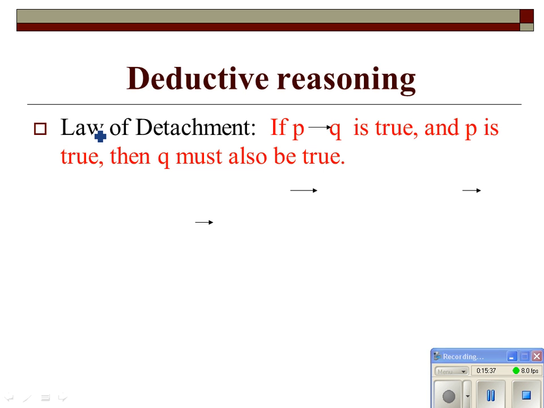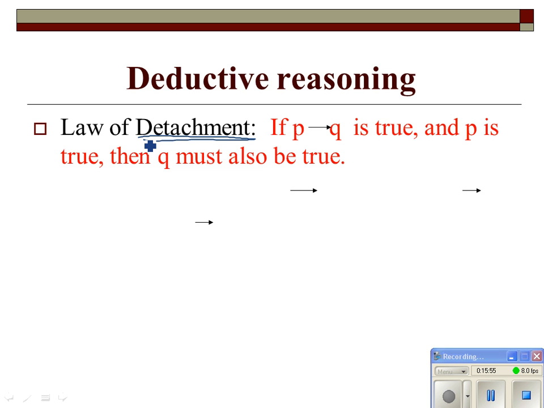Again, deductive reasoning, thinking something through, going through and coming up with a conclusion based on some kind of rules. Law of detachment, or detachment, take apart, and that's sort of what this is.